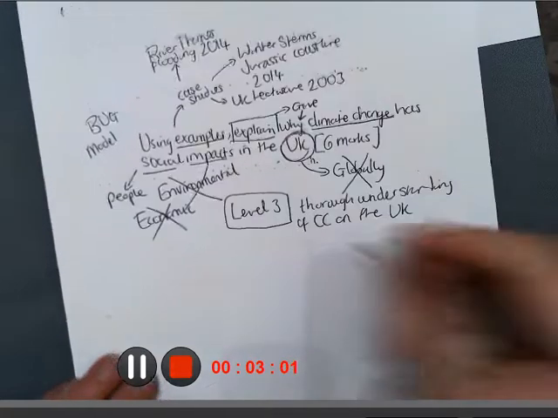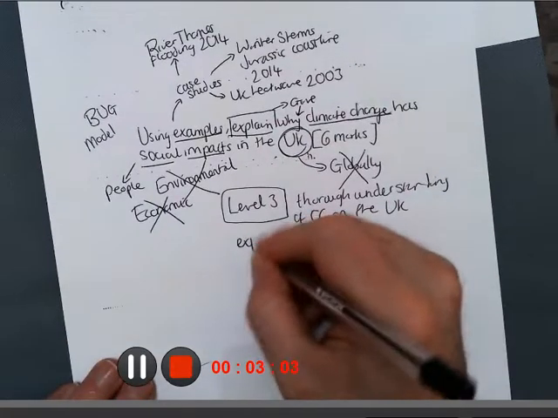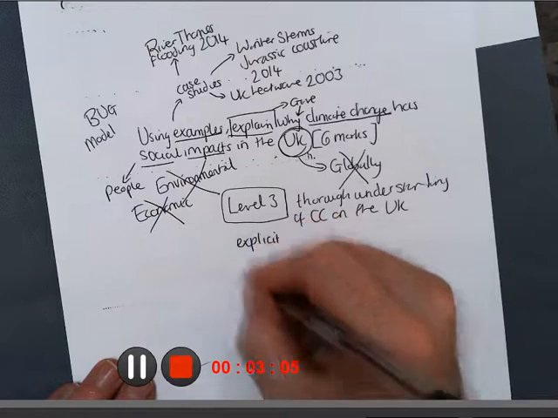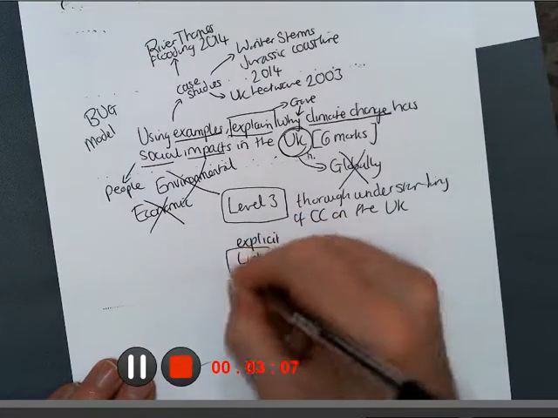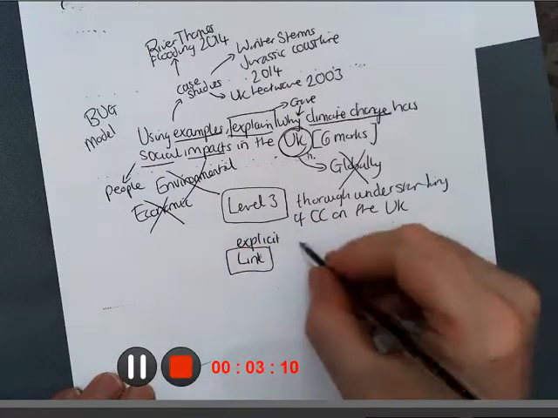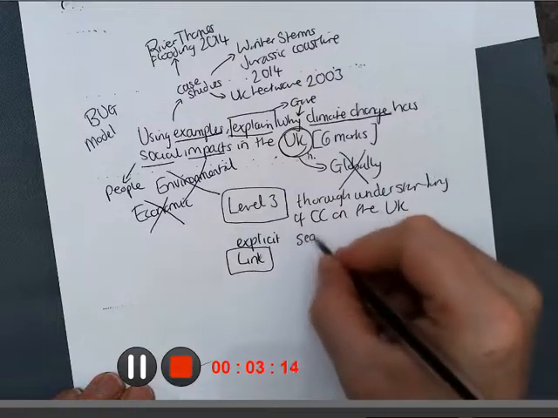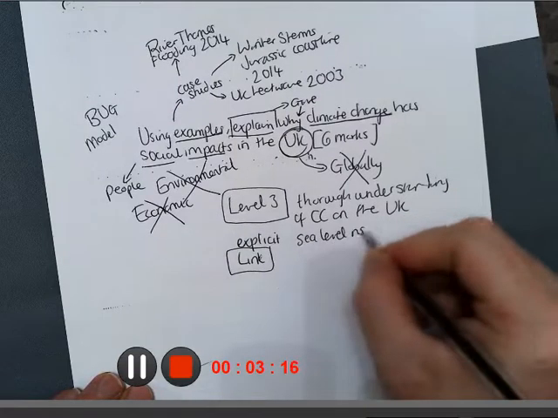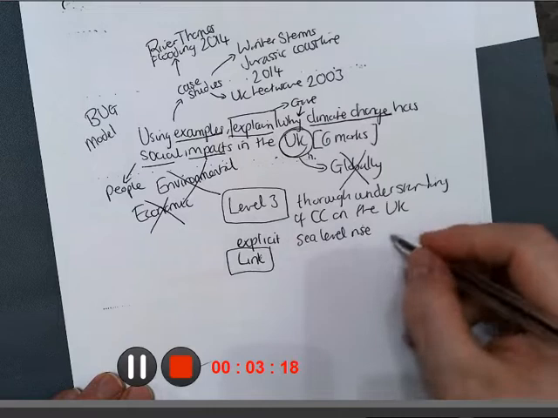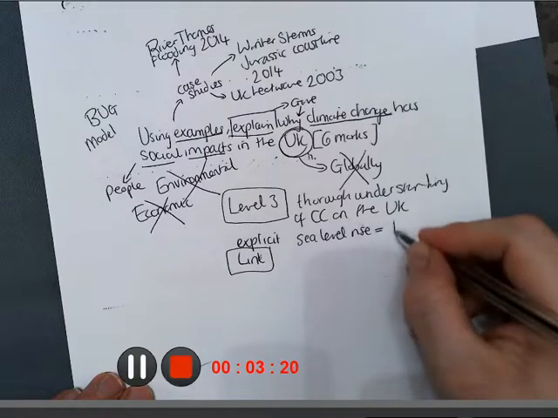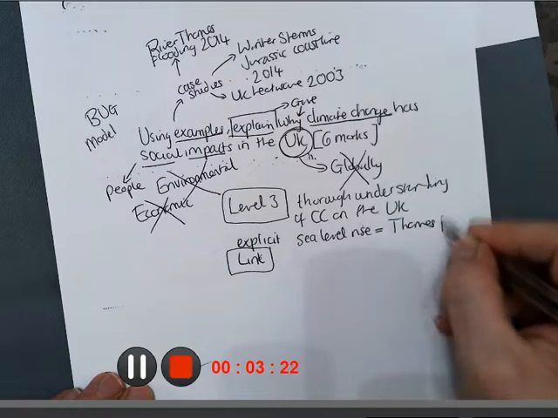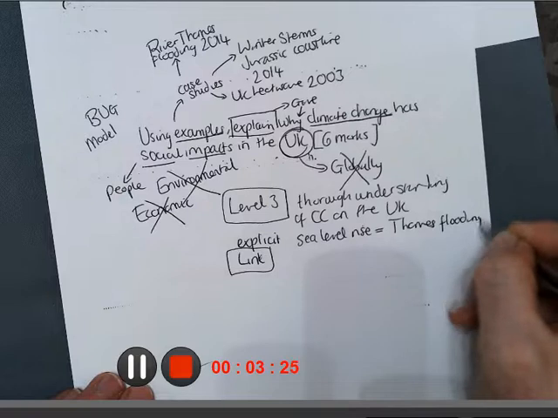What do we mean by that? We need to make this explicit link, and that's when our link comes in for Peel into the body of our text. So sea level rise, which has happened in the UK and around the world, equaled Thames flooding, the increase of tidal surges.